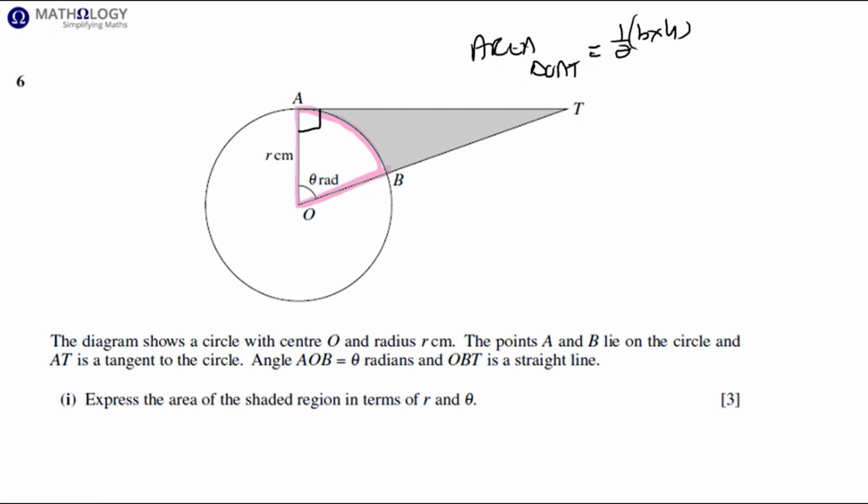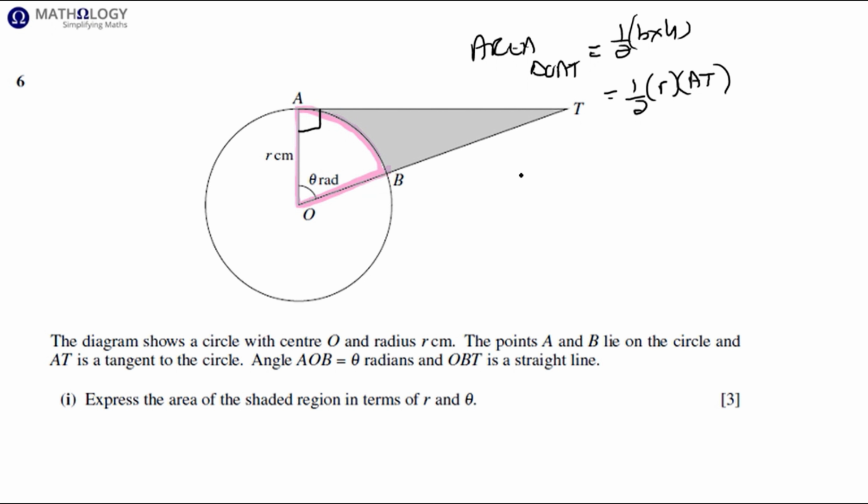We have the radius, which is r. Everything is going to be in terms of r and theta. So we just need to find the length of the tangent AT. So the area of the triangle will be a half times the base, r, times AT, height. Now we need to find an expression for the length of AT.